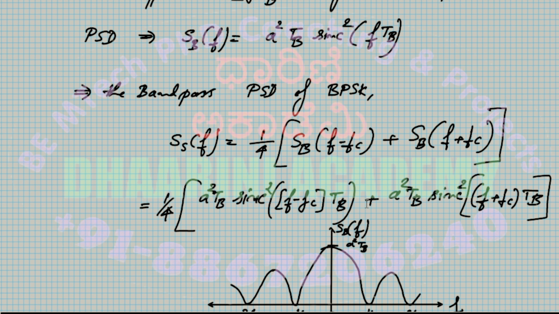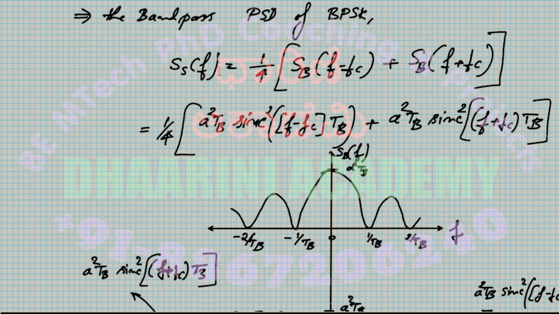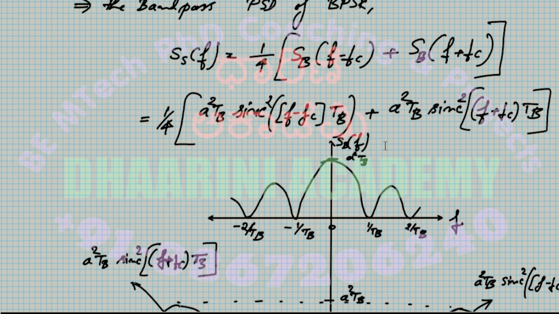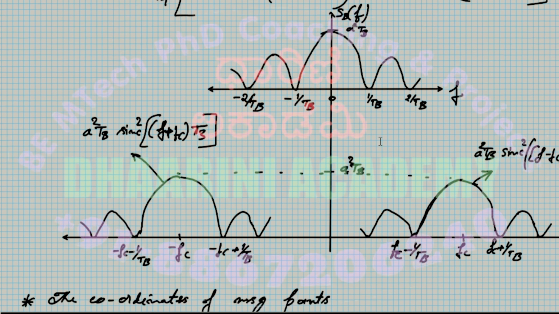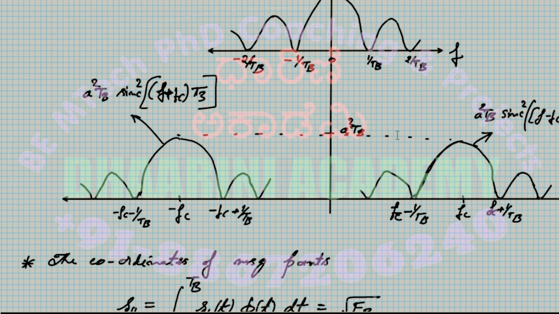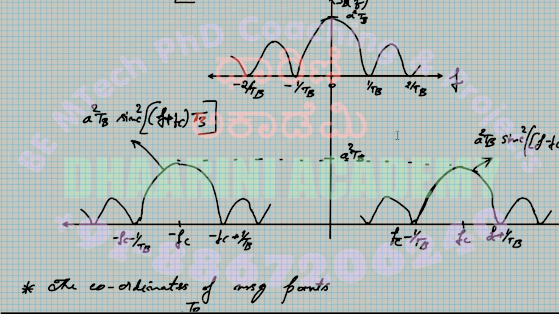Whenever you convert the baseband into the band pass, this is the equation SS of f. So substitute the specific SB of f here to get this answer and plot it. Those are the two plots. Is it fine? Okay.